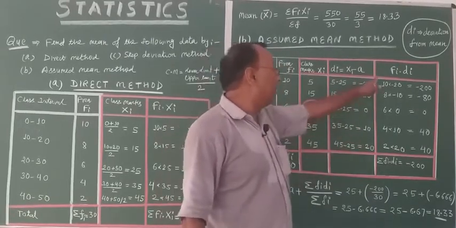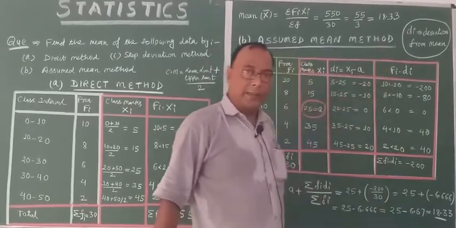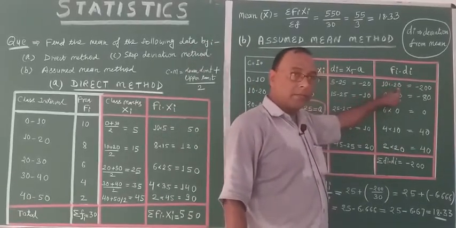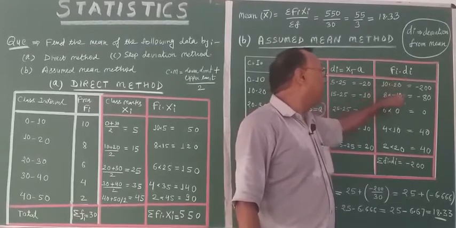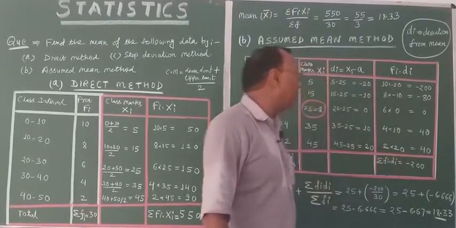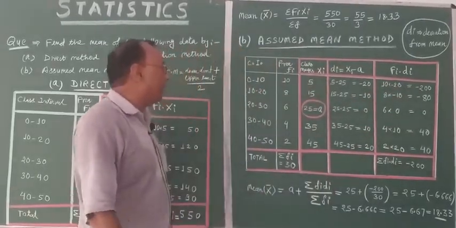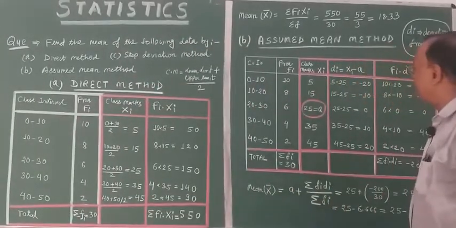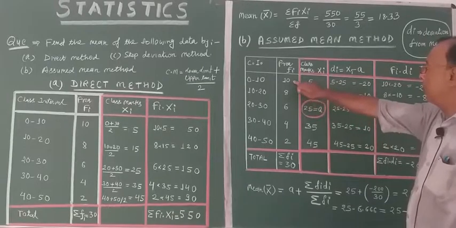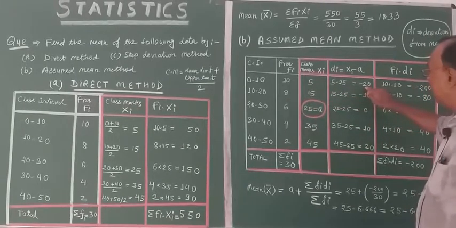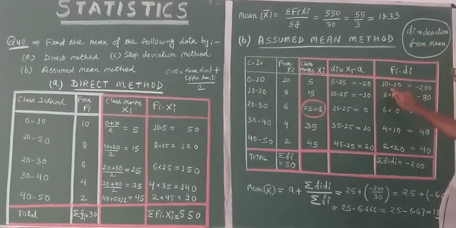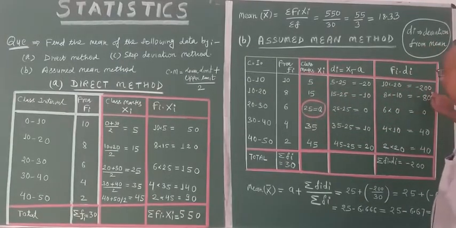In the last column we will write fi di, that is f1 d1 in the first row, f2 d2 in the second, and so on. Just look here, the last column fi di. f1 is 10 and this is minus 20. 10 into minus 20, that is minus 200.